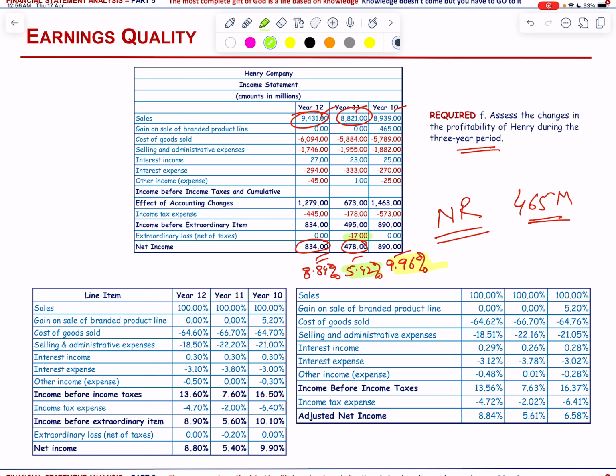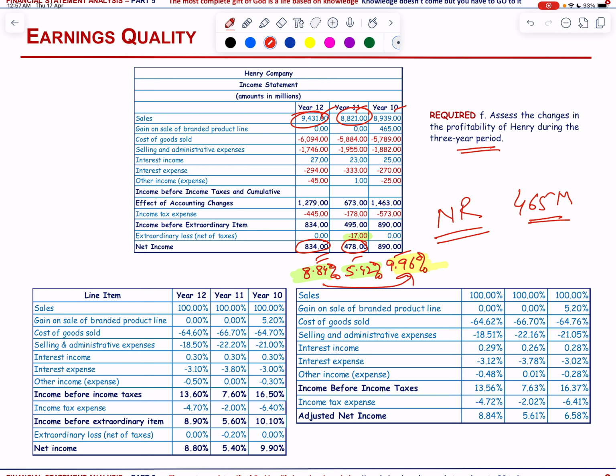In the year 12, it reflects a strong recovery, with profit margin almost back to year 10. Almost, you see 8.84, and that is 9.96. But this time it is driven by core operations. They are not including the non-recurring gains.